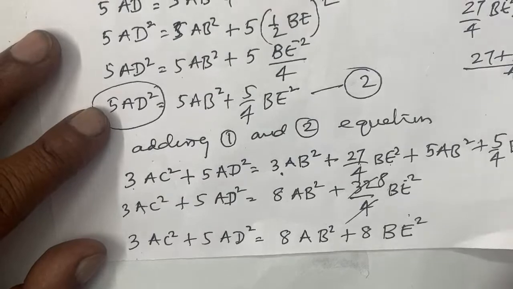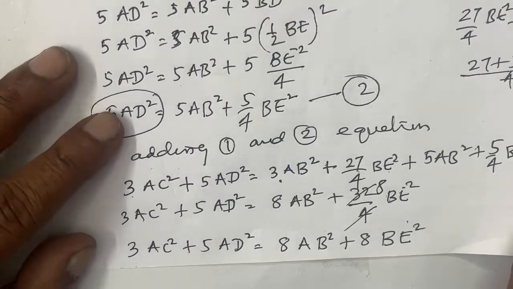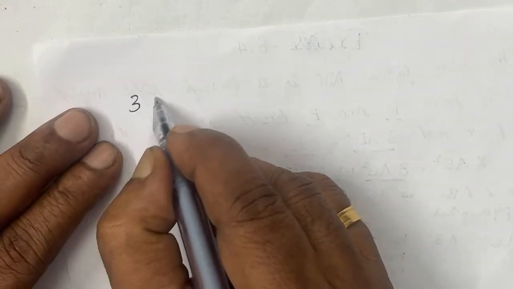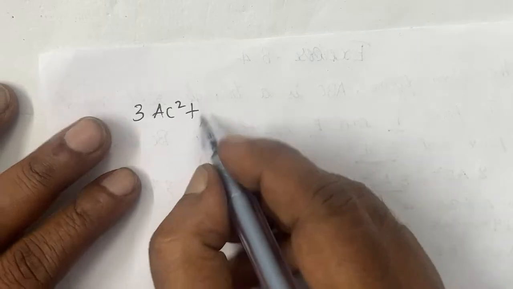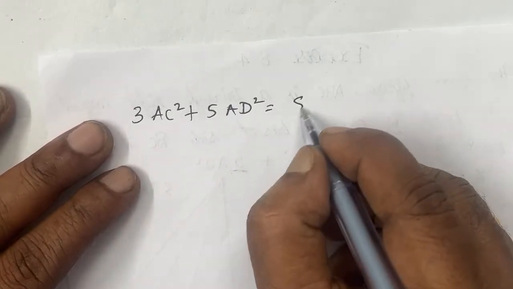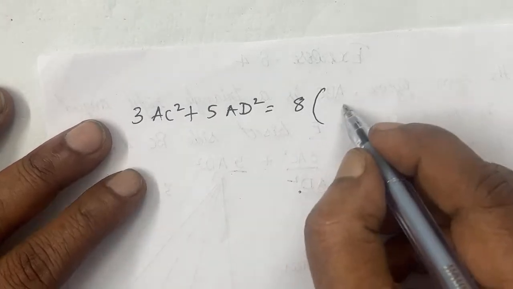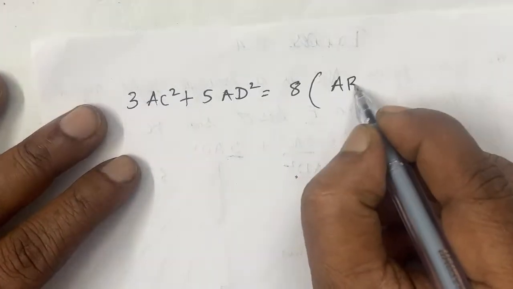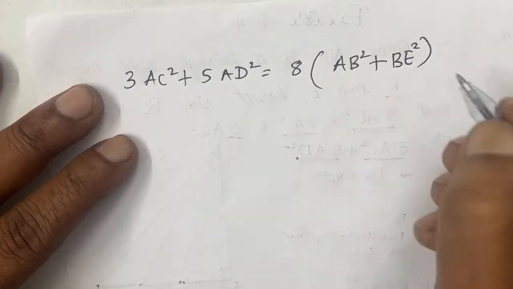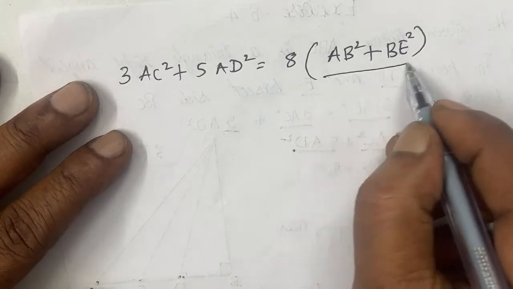And interestingly, in this equation, 3AC square plus 5AD square is equal to, the common factor is 8, so I am taking 8 common, AB square plus BE square.